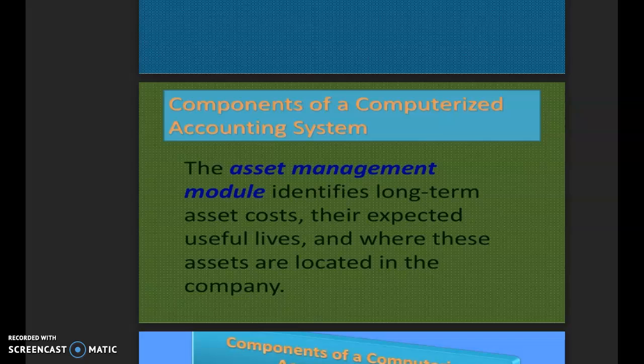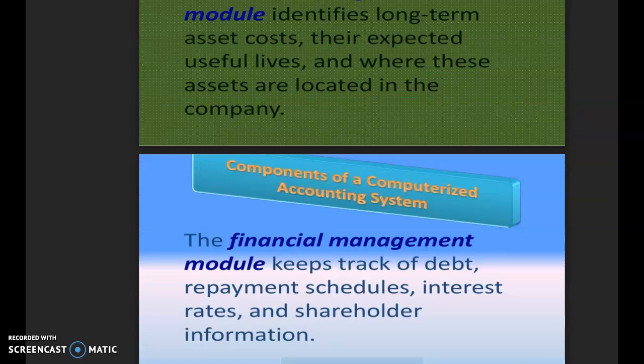Now, asset management is very important because assets involve a very large amount of funds. The computer takes care of all the details of the asset, that is what the asset cost is, what their expected useful life is, where these assets are located in the company, and the amount of depreciation to be charged on them as per the provisions of the various acts. So the computerized accounting system or AIS helps with reference to the asset management of the organization.